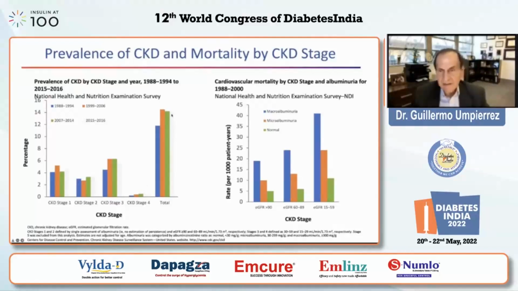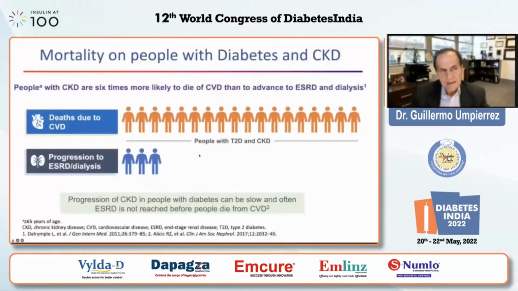Patients who have CKD or macroalbuminuria, to the right, are going to have an increased rate of cardiovascular mortality. I love this slide because it shows that people with CKD or diabetic kidney disease are 6 times more likely to die of cardiovascular disease than to advance to end-stage renal disease and dialysis.